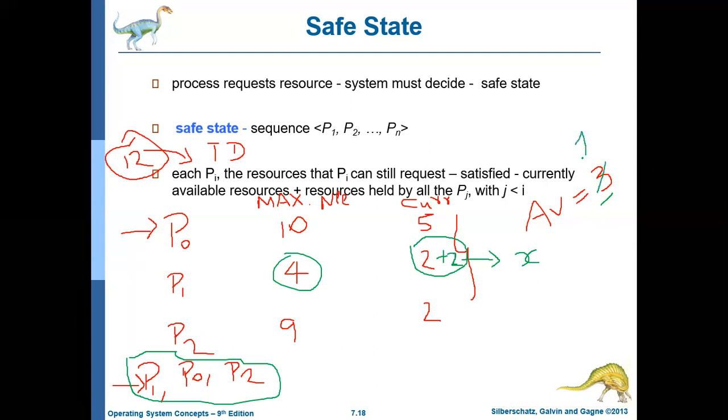P1 will execute for at most X time units and then its task is completed. Once it completes, it releases all 4 tape drives, so the available resources are 1 plus 4, that is 5.